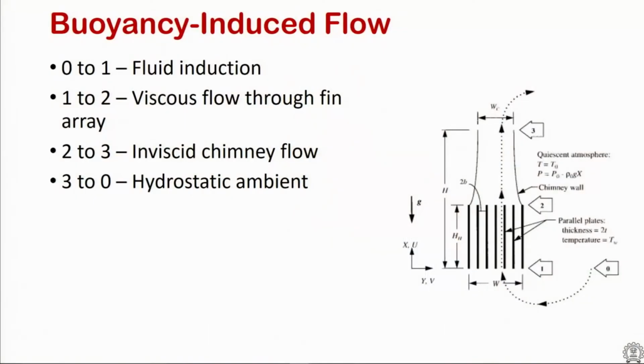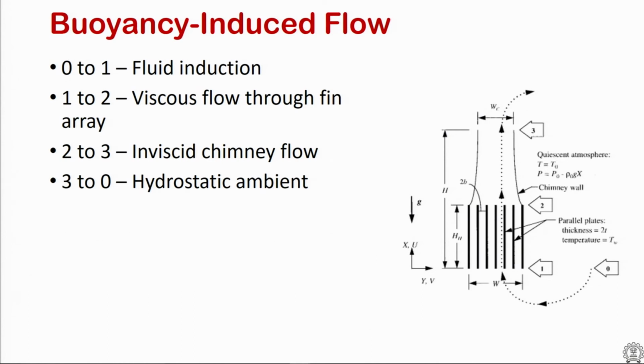The way we look into it is that when you place a chimney, there is fluid induction at the bottom as shown here from 0 to 1, and from 1 to 2 there is viscous flow happening between the parallel plates through the fins. Then in the chimney there is no heat addition, and chimneys are much larger, so most of the core of the flow can be treated as purely Bernoulli-type inviscid flow.